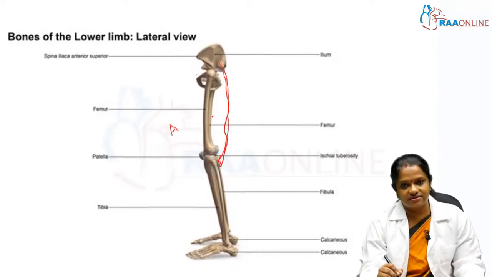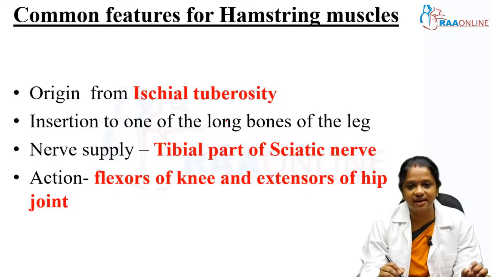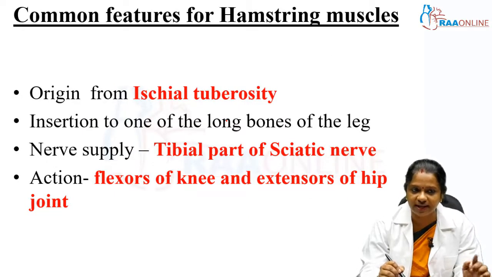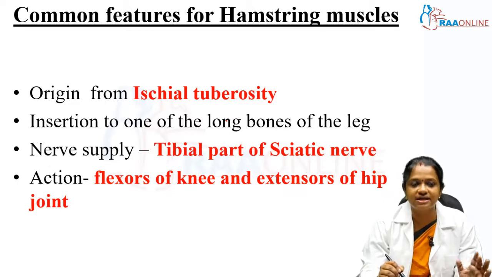By these definitions, we can say a muscle which is getting attached to the femur, or which is not crossing the hip joint or the knee joint, is not classified as a hamstring muscle. So, there are certain common features for hamstring muscles.